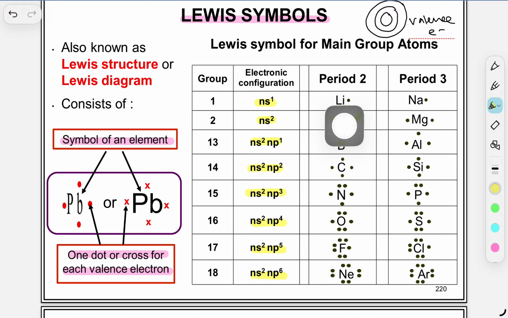So lithium has got one valence electron and that's it. You put a one dot over there. I would prefer you using the dots first compared to cross. Alright, so we are going to do dots mainly. Okay, so sodium, beryllium, magnesium, boron, aluminium, carbon, silicon.